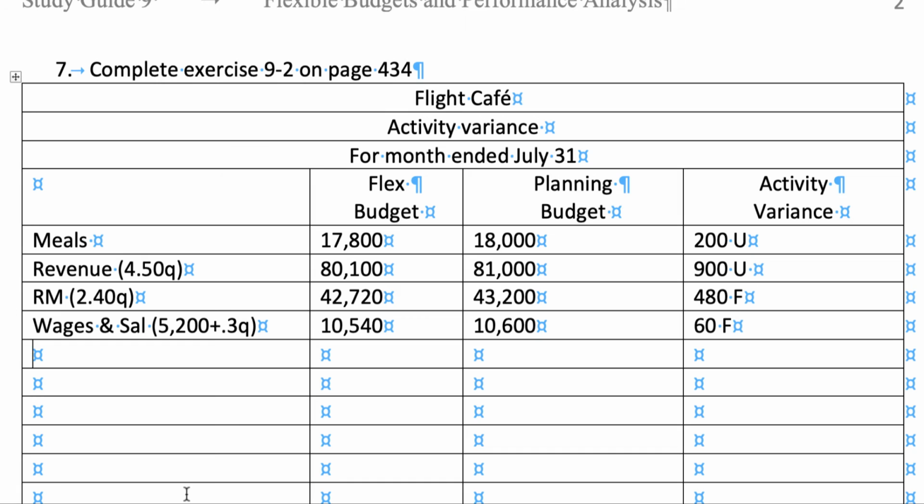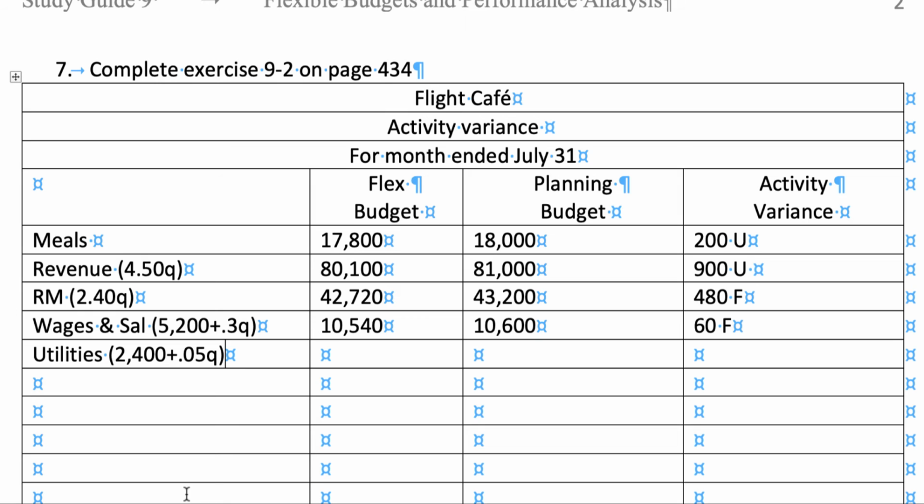Okay, so let's look at the third one, which is utilities. What's the cost equation? Well, for utilities, it's $2,400 plus 5 cents per meal.